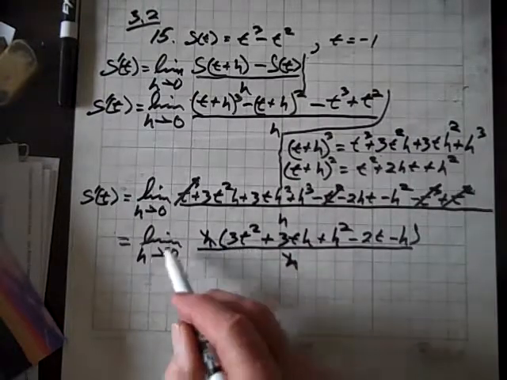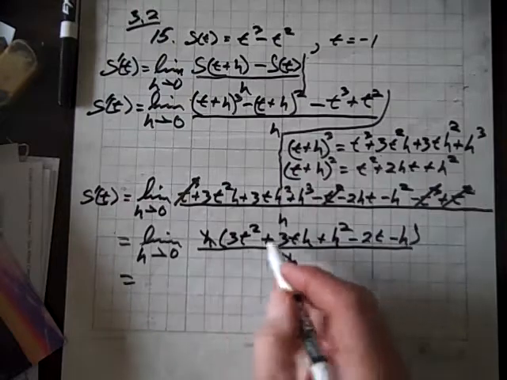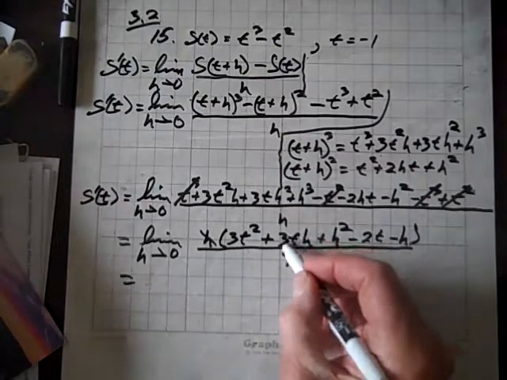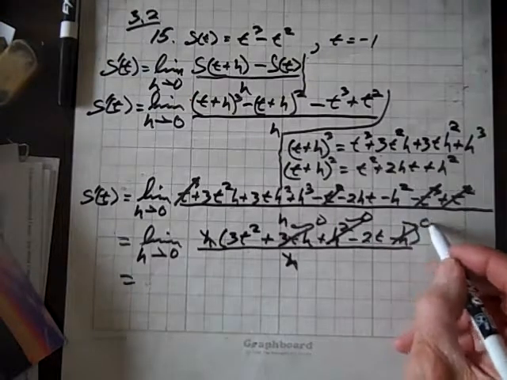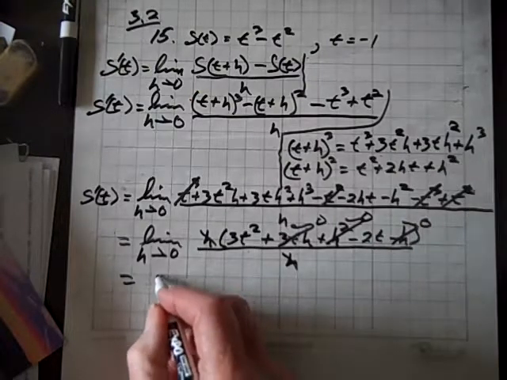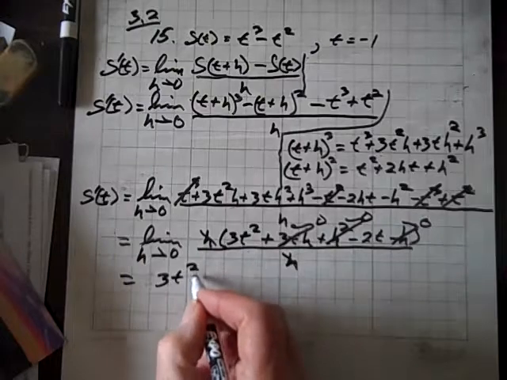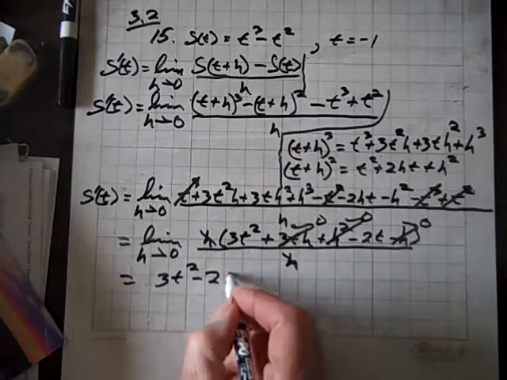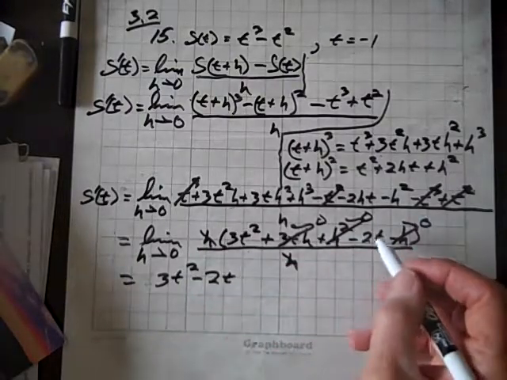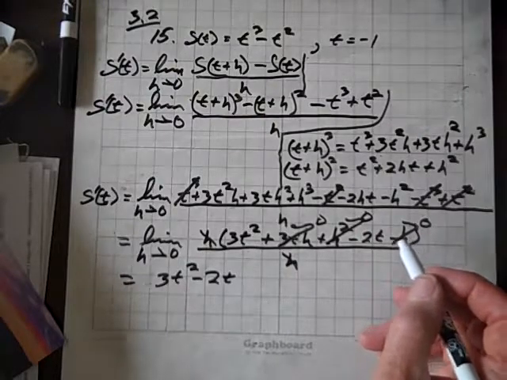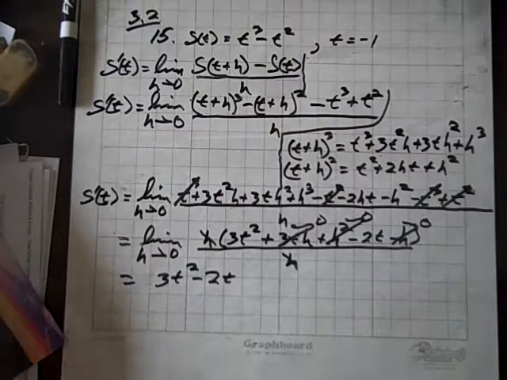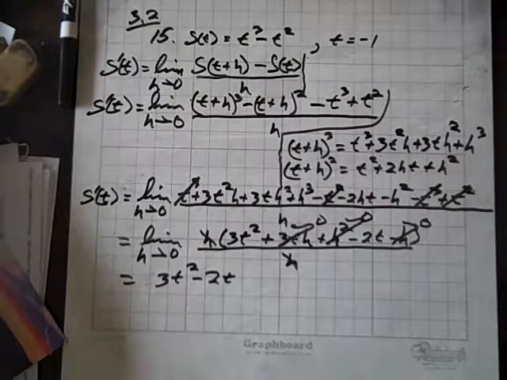And now when we let h go to 0, notice this is going to go to 0, this is going to go to 0, this is going to go to 0, and we're just left with 3t squared minus 2t, because h went to 0, so those terms became 0. Now, our task was to determine what the derivative was at t equals -1.